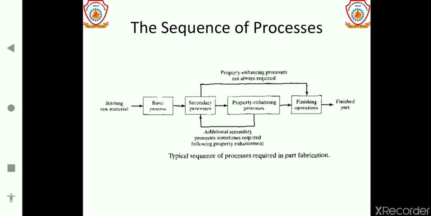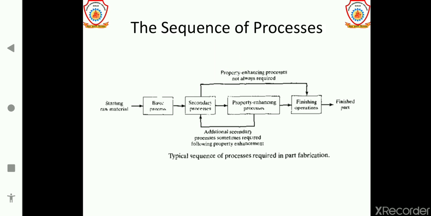And the final one is the finishing operation, which includes polishing or coating of the part. It is not necessary that after the secondary process the property enhancing process will be there.